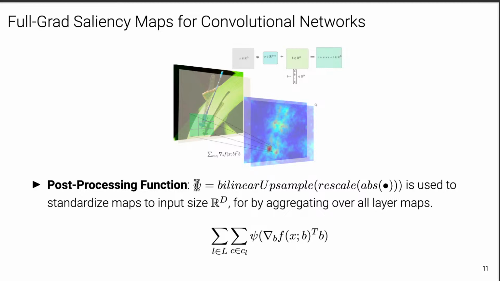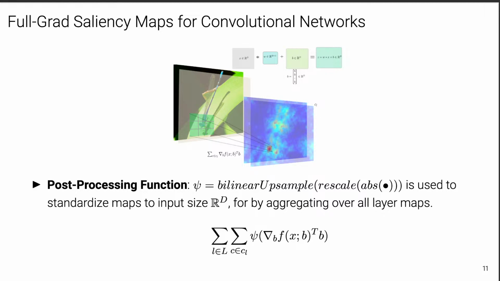The author suggests one post-processing function to create the saliency maps: a bilinear upsampling and rescaling. To standardize on the size, since we are going to be downsampling, we rescale and take an absolute value so that the sign is not significant.